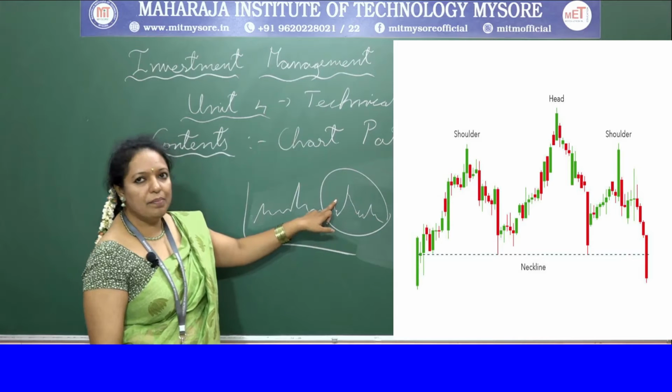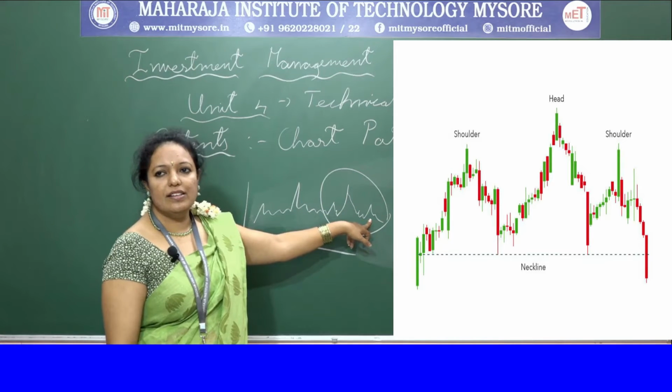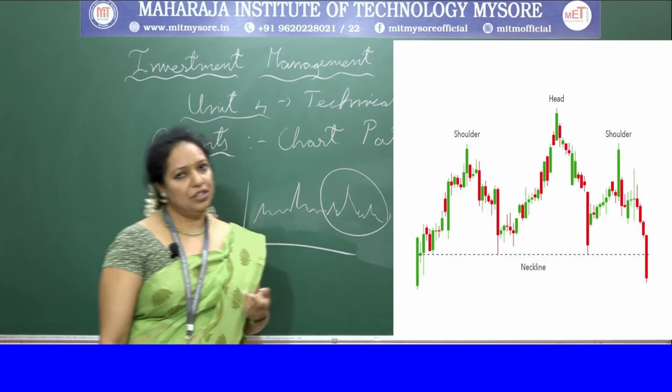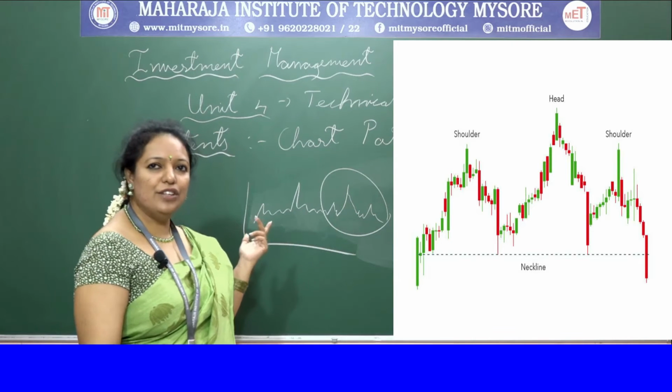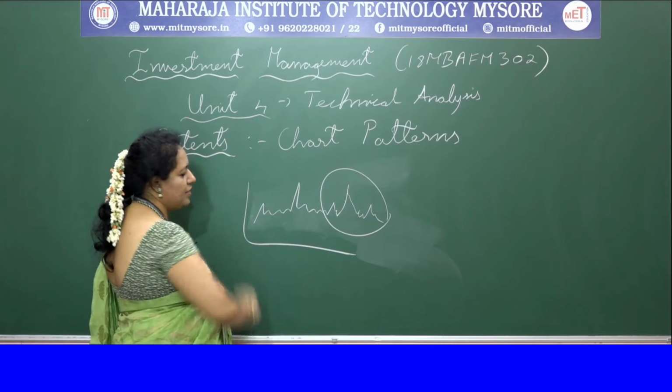There is a peak in the first one, then the highest one, and then the third is slightly smaller. So this is an example of head and shoulders in the chart. Hopefully you have understood this.